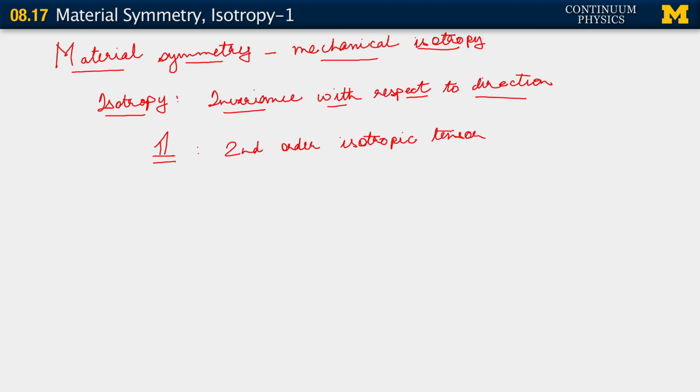And the reason we say this is because we know that this belongs to S3 plus. And the reason we call it an isotropic tensor is because we know that the action of this tensor on any vector is to return the same vector to us. And this holds for any vector.